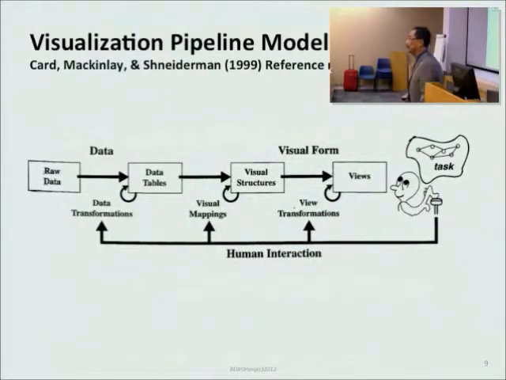So this is where we talk about this visualization pipeline. Raw data is somehow converted, maybe into tables, analysis, or whatever, so that you find some kind of visual mapping in terms of visual structures, as we have seen in this one over here, and then generated into some kind of view. It's a one-way pipeline.